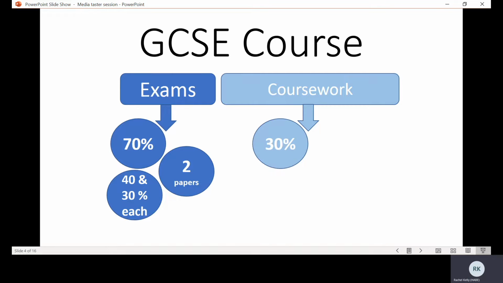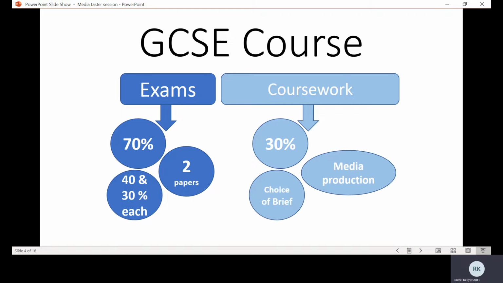Coursework is also worth 30% of your grade, so in total that all comes to 100%, and it is a media production with a choice of briefs. And this year, with the current year 11s, they are making a magazine, a special interest magazine.